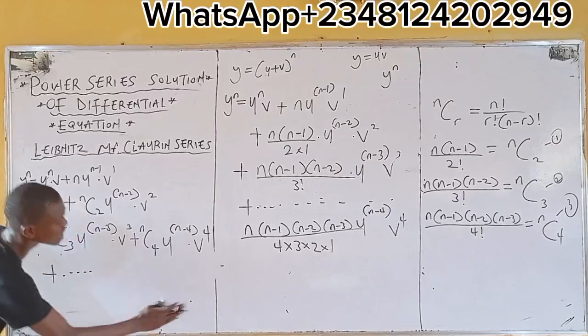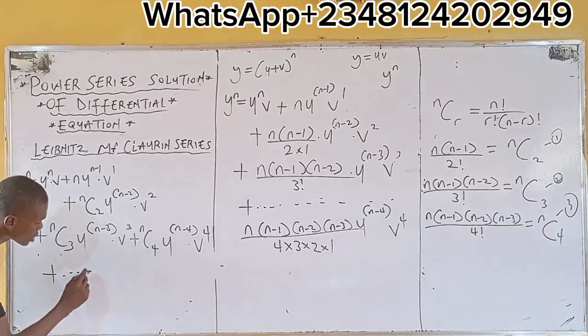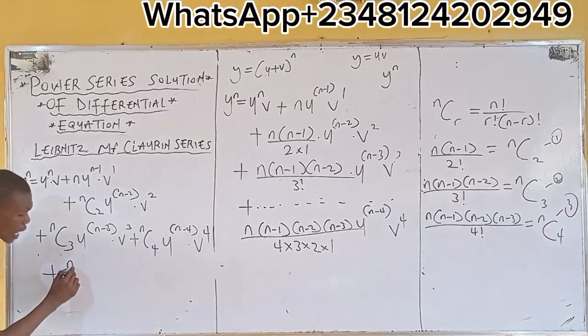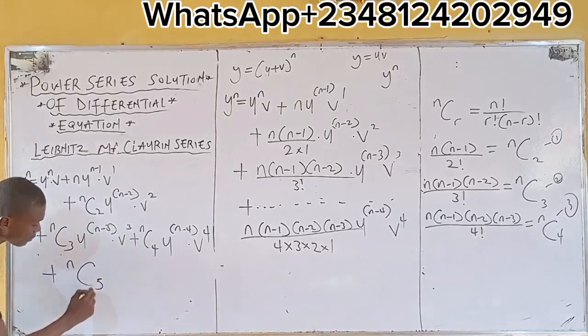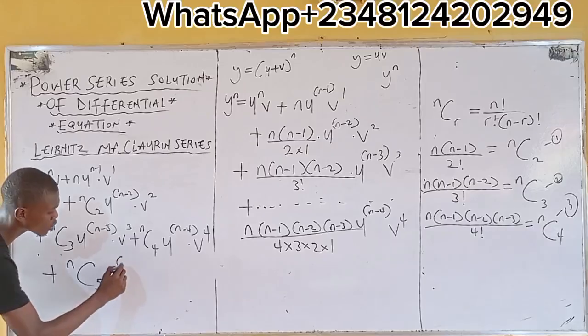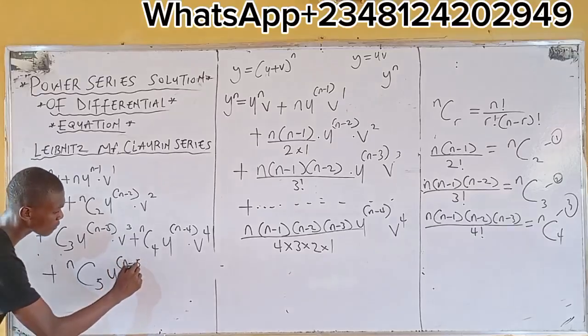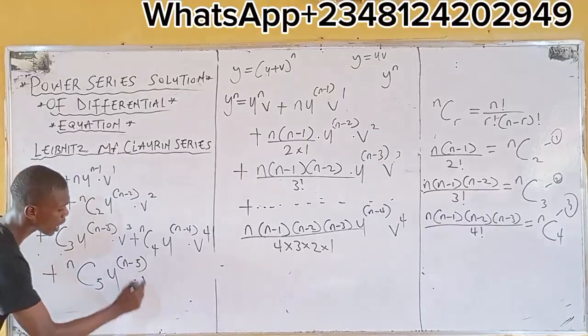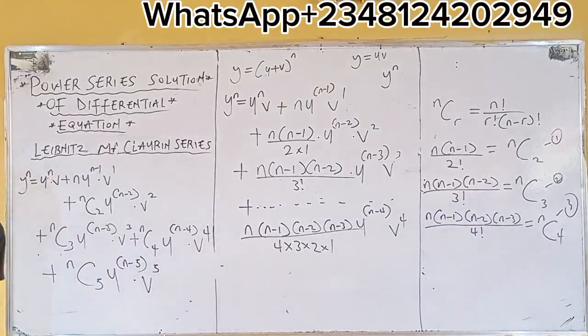If you have to go a step further, what do you have? Plus n combination 5, multiplying u all raised to the power of n minus 5, multiplying v raised to the power of 5.